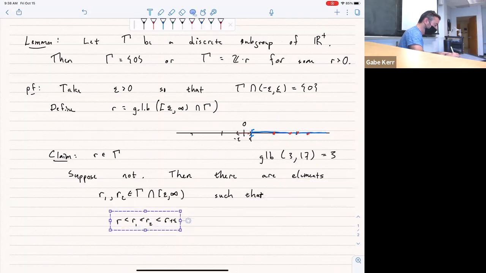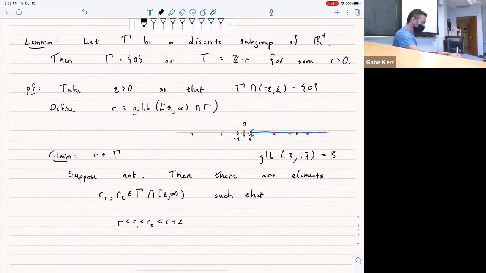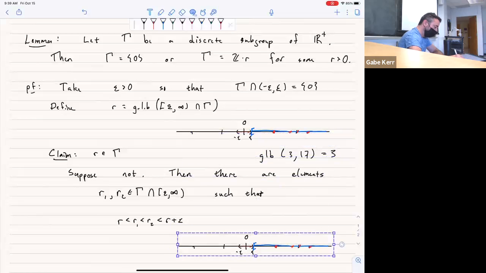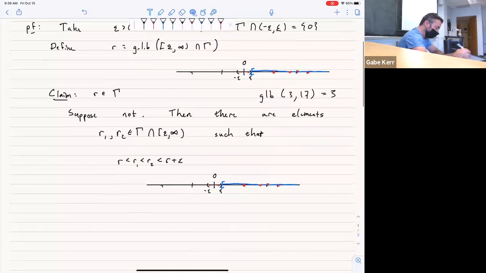So let's see here. In other words, let me take this picture and magnify it a little bit. So what I'm saying is the following. Let's say my green is my greatest lower bound here, and the red points are points in gamma.